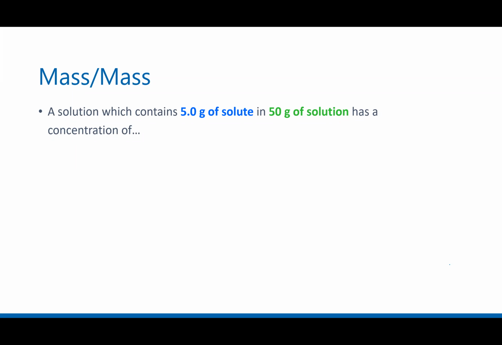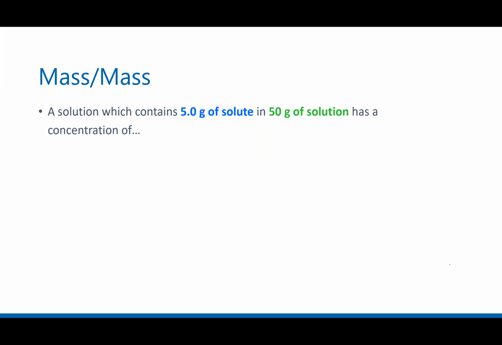If I told you that you had 5 grams of solute, so this could be sodium chloride, sugar, glucose, fructose, whatever, and it was in 50 grams total of solution. This is the equivalent of you getting 5 marks out of 50 on a test, and I just want you to calculate the percent.